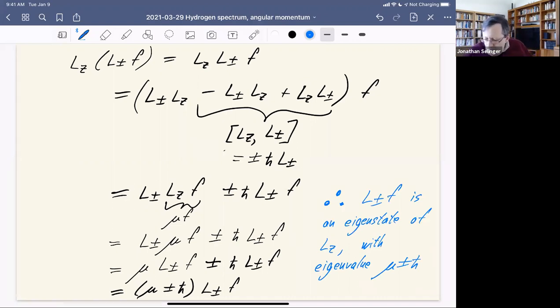Okay, so we started with one state F that's an eigenstate of both operators, L squared and LZ. We got a new state that's an eigenstate of both operators, L squared and LZ. The L squared eigenvalue stays the same. The LZ eigenvalue changes. The LZ eigenvalue either gets incremented up by H bar or down by H bar, depending on whether you have L plus or L minus.